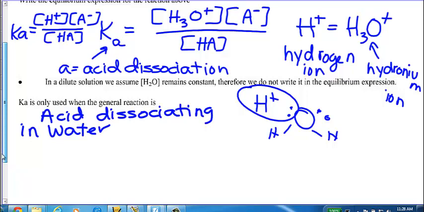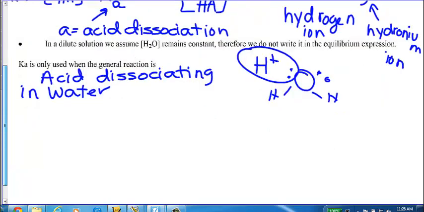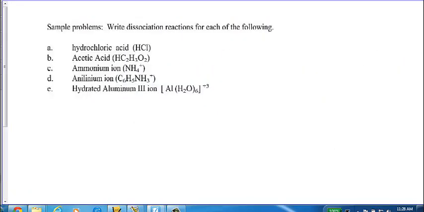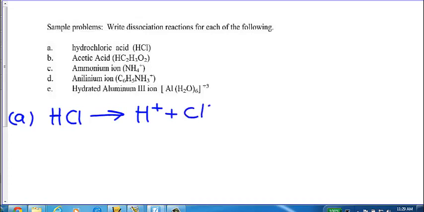Okay, let's try to write a couple. Letter A, it says write the dissociation reactions for each of the following. So we start with our acid. Again, I do not include water because it just is more complicated. Make it easy. HCl dissociates into H plus and Cl minus.